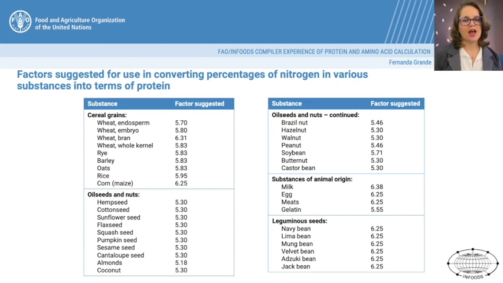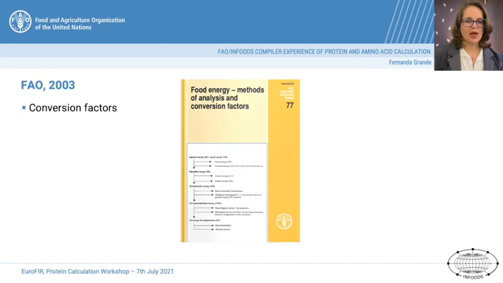These factors have been widely adopted and were also used by FAO and the World Health Organization in the review of protein requirements in 1973. And they are also recommended for use in the FAO publication for food energy from 2003.